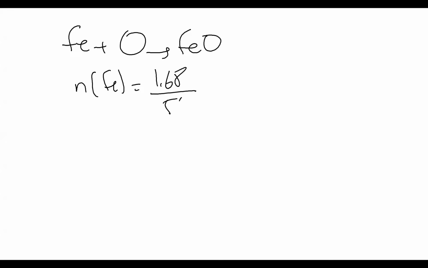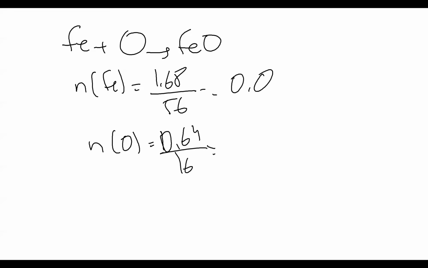Number of moles of oxygen equals mass over molar mass, which is 16, so 0.64 over 16. Of course, you should not use the calculator while solving, to be fast. 1.68 divided by 56 is 0.03, and 0.64 divided by 16 is 0.04.